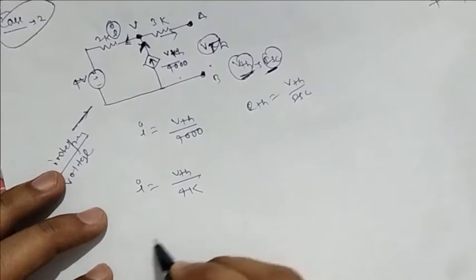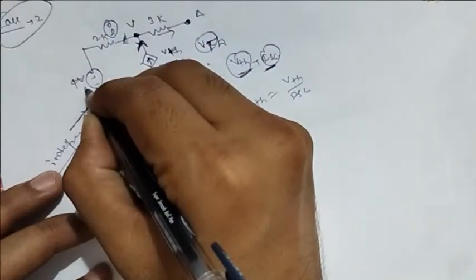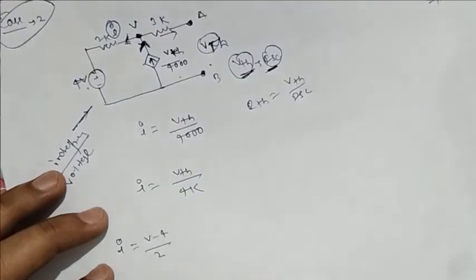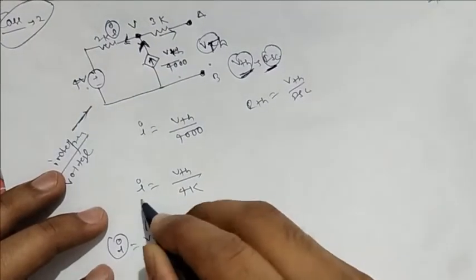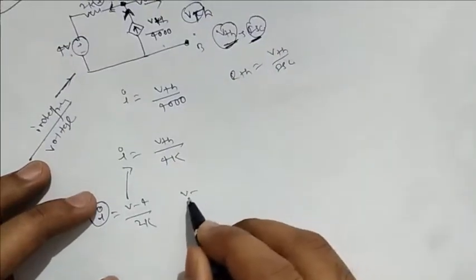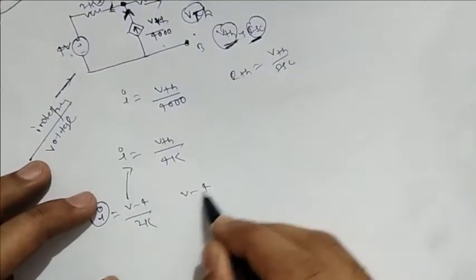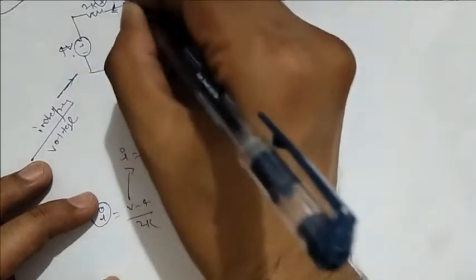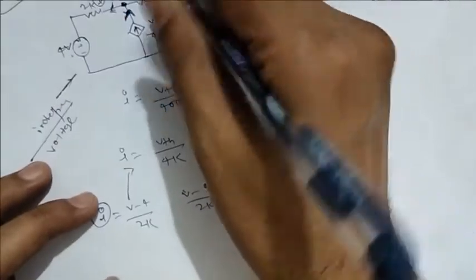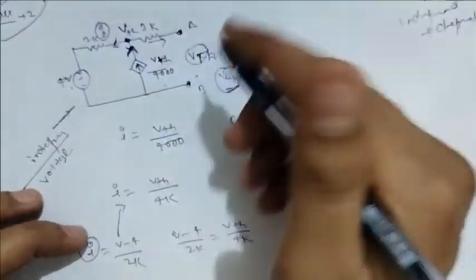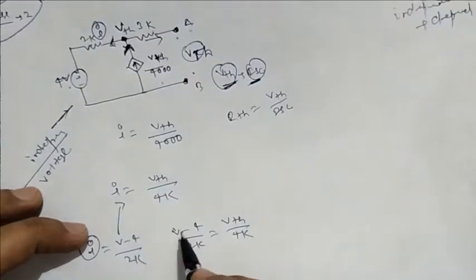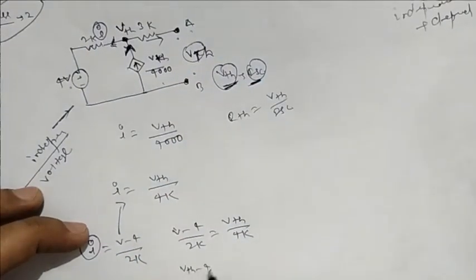And if I calculate I from the other side, V minus 4 by 2K will give me I. Substituting, V minus 4 by 2K is equal to VTH by 4K. Now this V is nothing but your VTH, because all the voltage applies across here. So I am replacing V by VTH: VTH minus 4 by 2 equals VTH by 4.